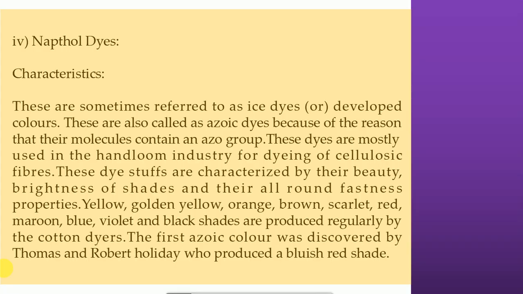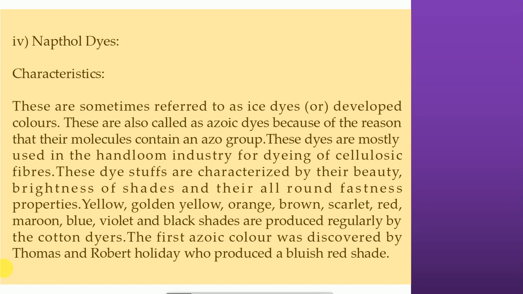Azoic dyes. Characteristics. These are sometimes referred to as ice dyes or developed colors. These are also called azoic dyes because their molecules contain an azo group. These dyes are mostly used in the handloom industry for dyeing of cellulosic fibers.